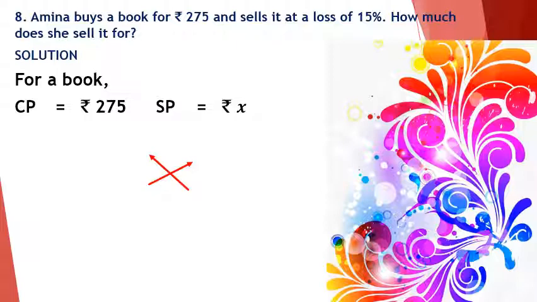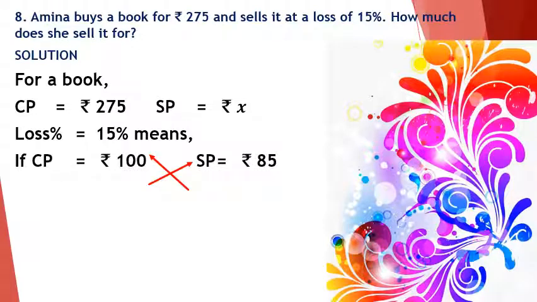So we can take SP equal to rupees X. It is given loss equals 15%. We are doing it with the cross multiplication method. So loss 15% means if CP equals rupees 100, SP equals 100 minus 15 equals rupees 85.